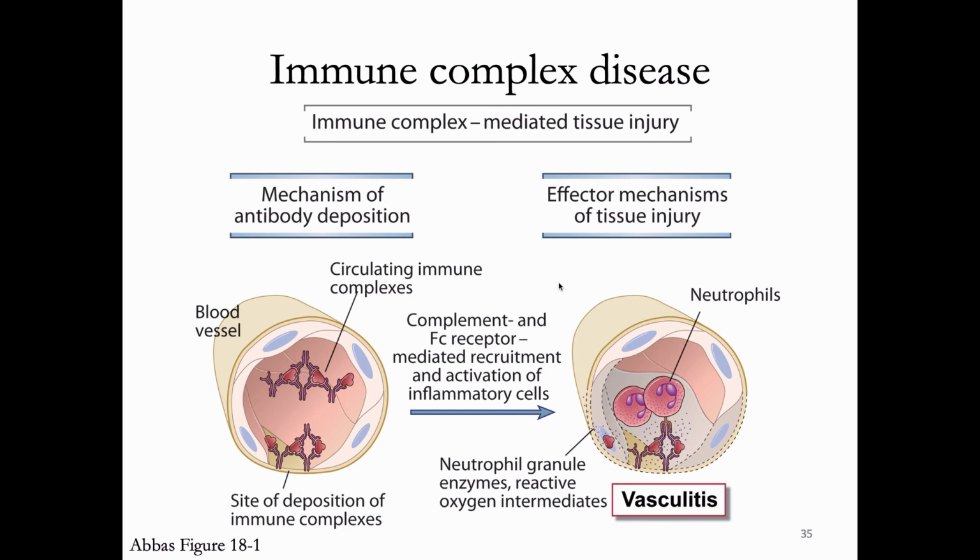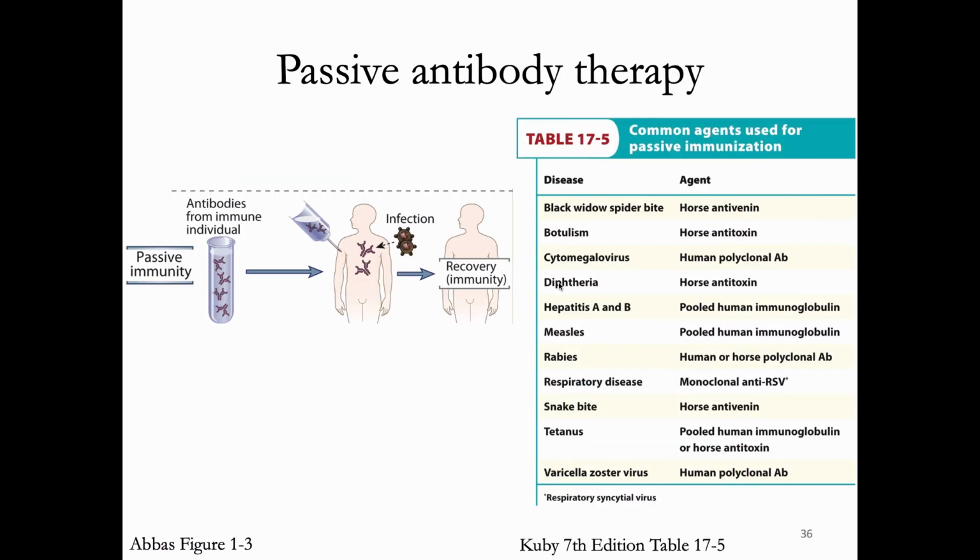Just like with our other types of hypersensitivity responses, there is one really famous example of a type 3 hypersensitivity response. This famous example happens when someone gets passive antibody therapy.